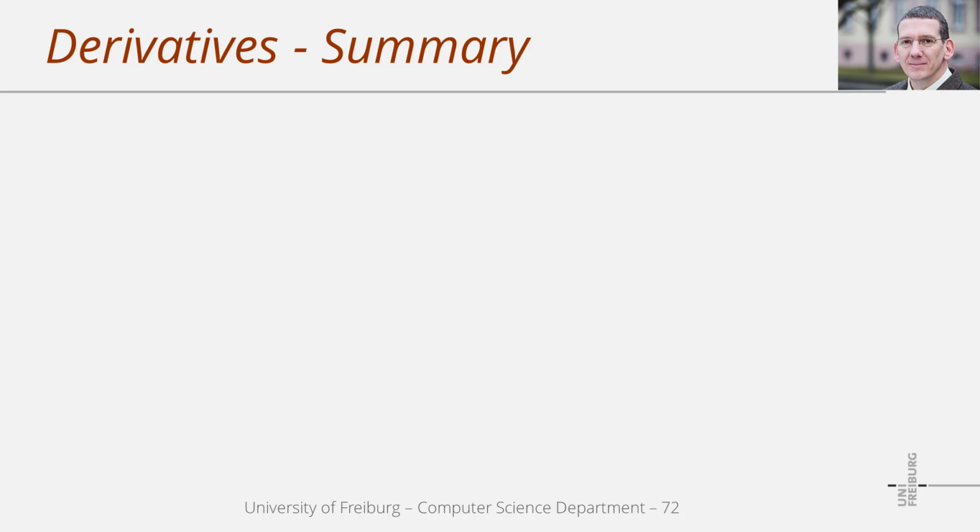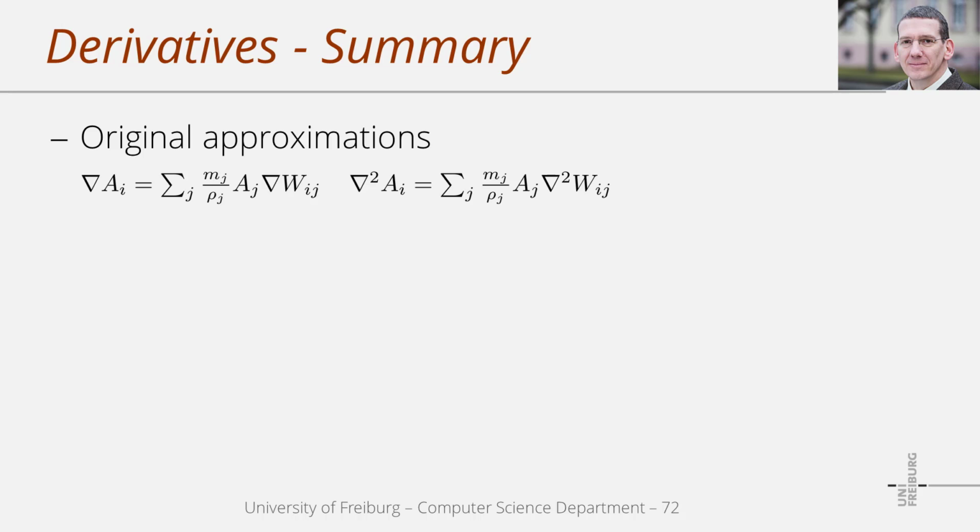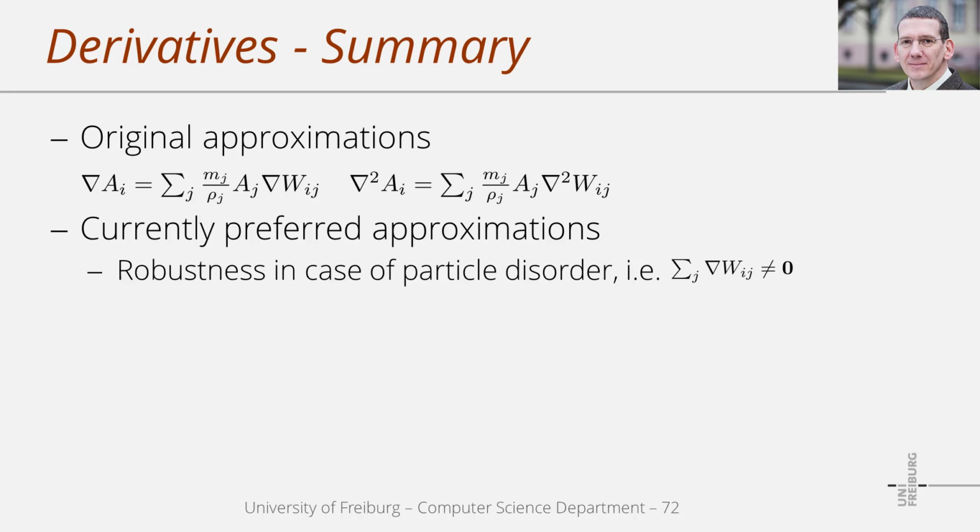So in summary, there exist various forms for the SPH approximations of derivatives. On one hand, there exist the original forms that are motivated by the original SPH idea, and on the other hand, there exist alternative expressions with specific properties that are always fulfilled independent from the quality of the particle sampling.